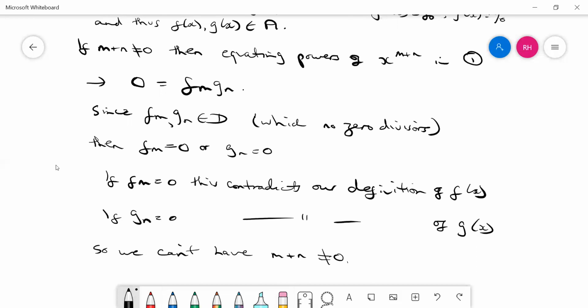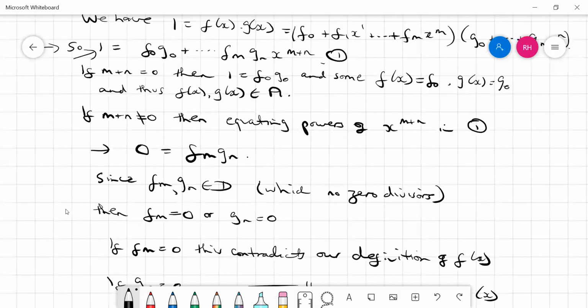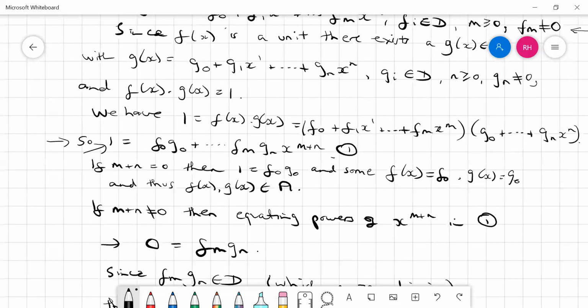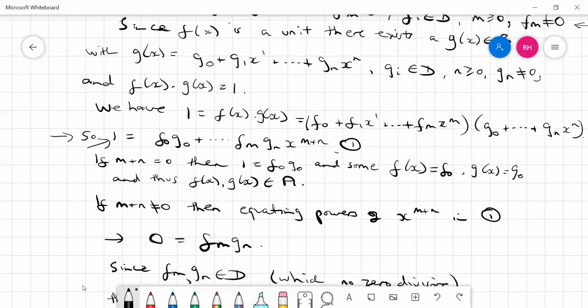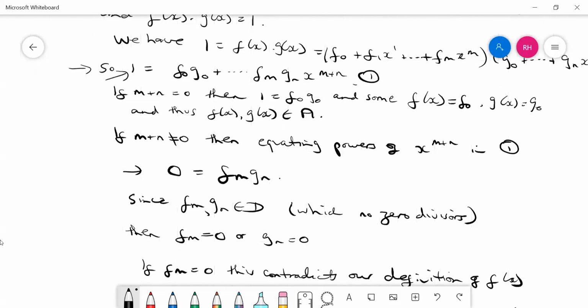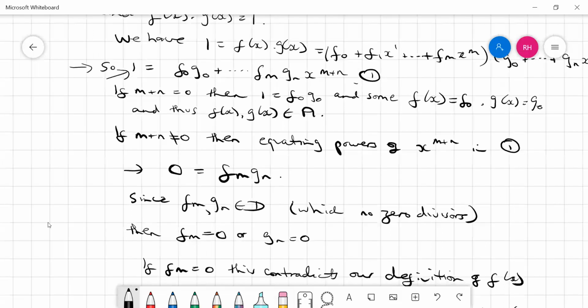So if you look back at what we've done here, we've said let's assume that f(x) is a unit. So there's a g(x) and f(x) times g(x) equals 1. We've laid out all the conditions and put down the polynomials for f(x) and g(x).